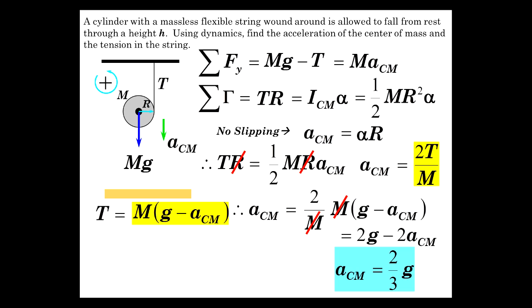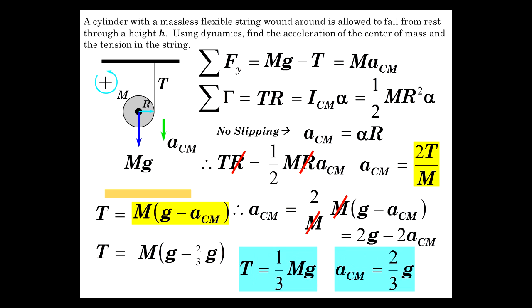So instead of this acceleration being 50% of g, or 1/2 g, which it would be if this was a hoop with all the mass concentrated around the edge, the effort to accelerate this rotationally, given an angular acceleration, is kind of like half of the effort to translationally accelerate it. So it's a 2-to-1 thing again. 2 parts of force needed to translationally accelerate, 1 part needed to rotationally accelerate. Hopefully that makes sense. Finally, the tension: m times (g minus 2/3 g). T is 1/3 mg.